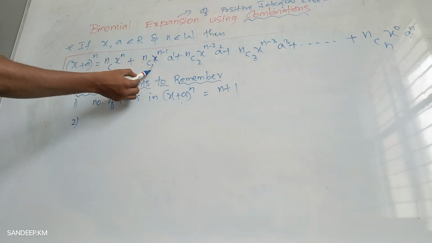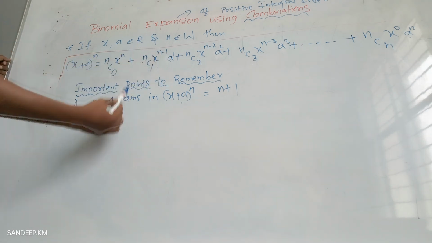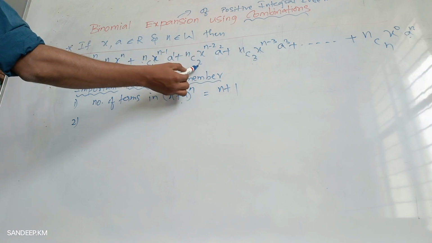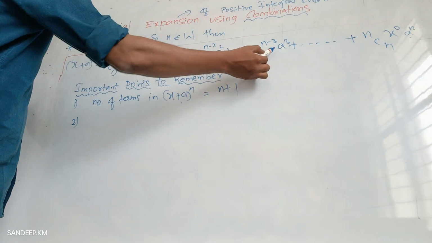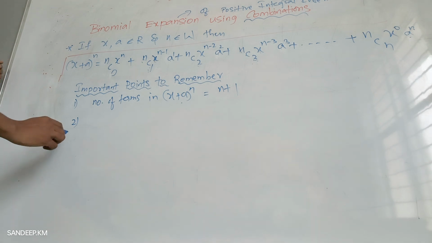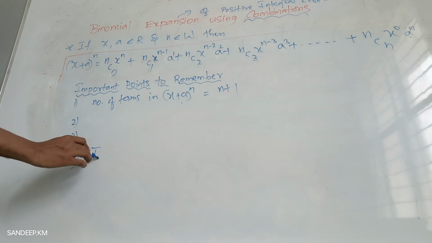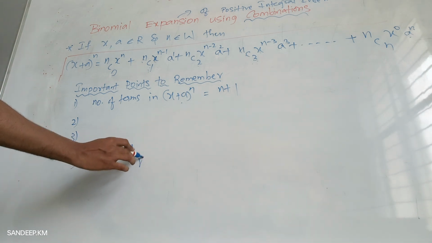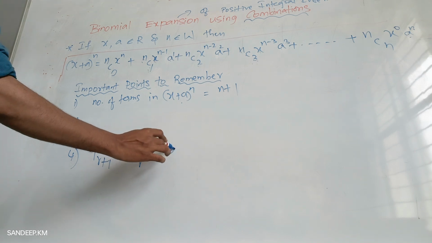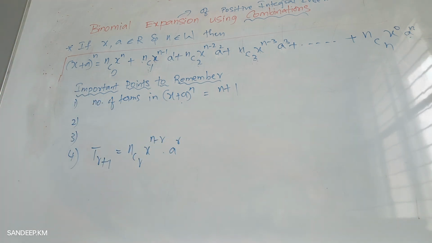The power of a is the suffix r value. So here a power is 1. Here the power of a is the suffix 2. Here the power of a is the suffix 3 and so on. That is the third point. Next, what is the fourth point? The fourth point is our general term. TR plus 1 is equal to NCR into x power n minus r into a power r. So that is the fourth point.